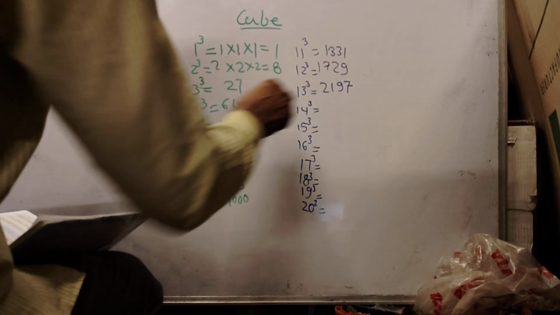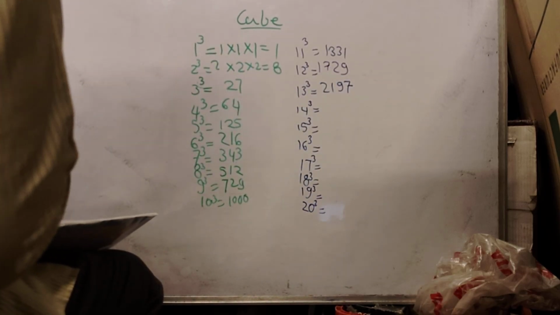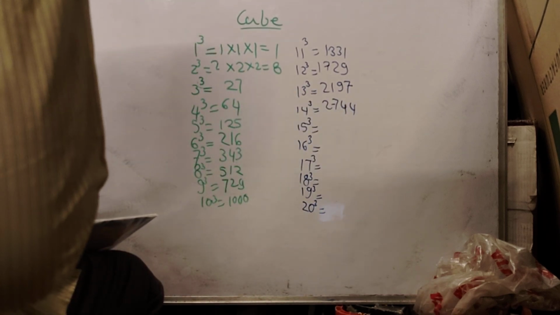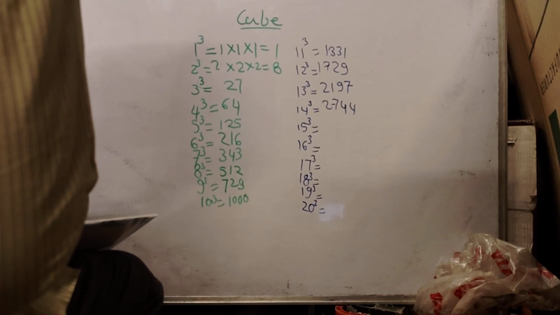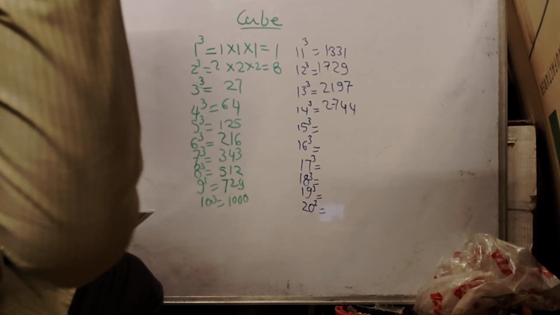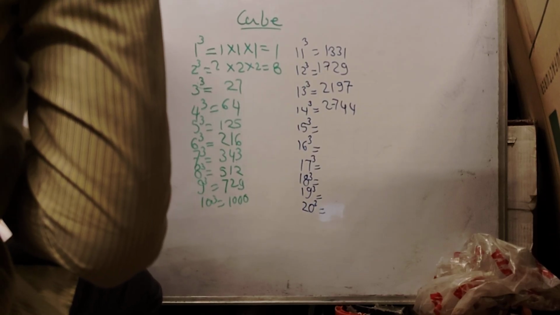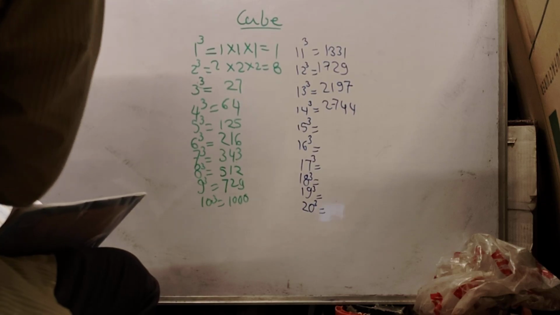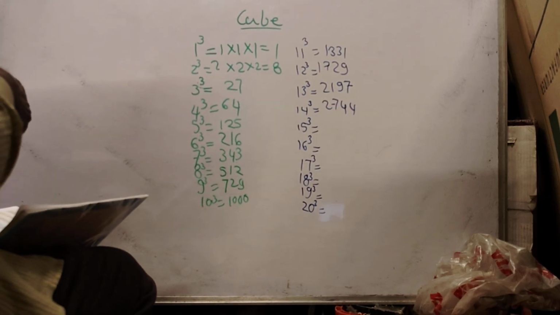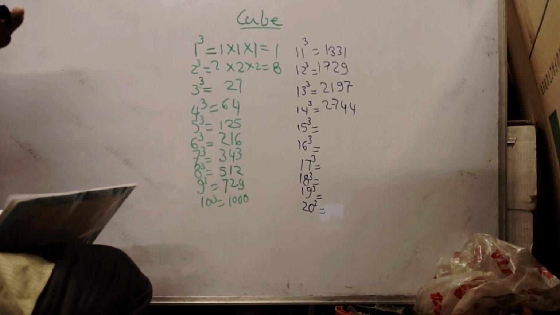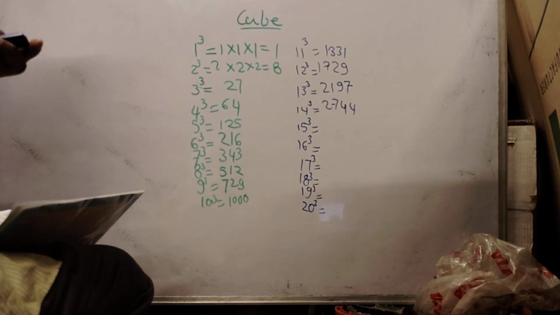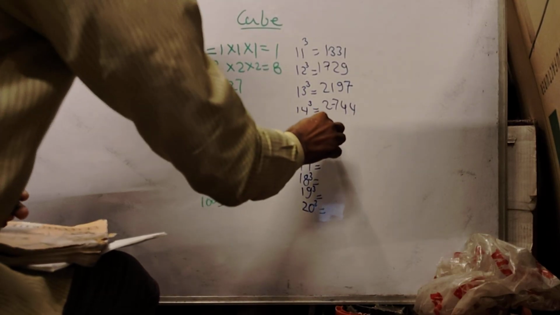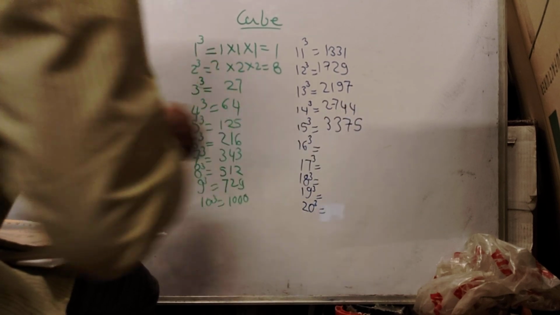Correct. 14 cube, 2744. Correct. 15 cube, 3375. Correct.